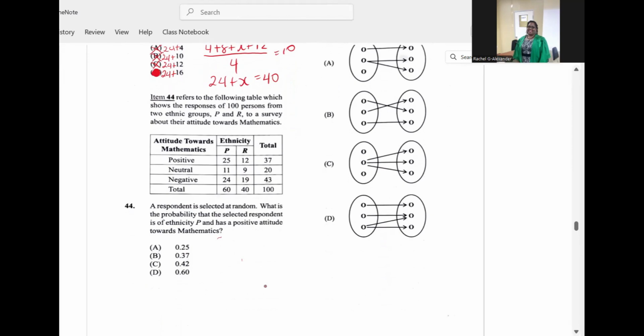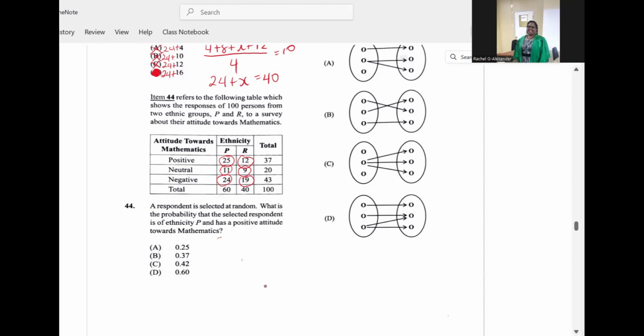All right, so this 25 means ethnicity P and positive. This means ethnicity R with a positive attitude. This means attitude is neutral, ethnicity P, attitude neutral, ethnicity R. Attitude negative, ethnicity P, attitude negative, ethnicity R, and then you have your totals.